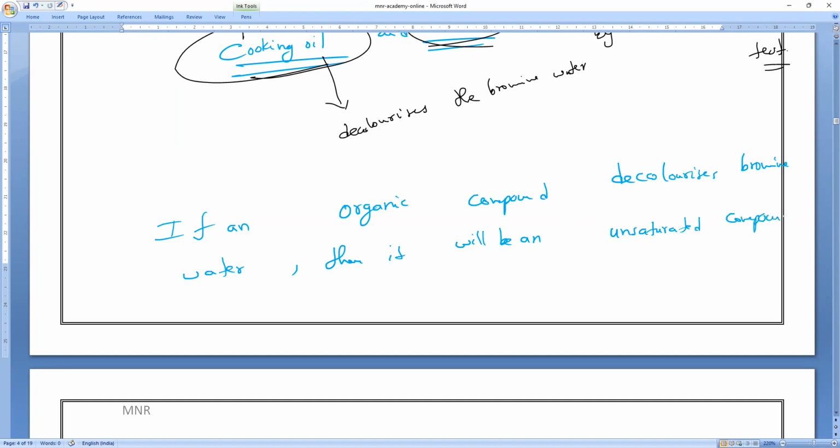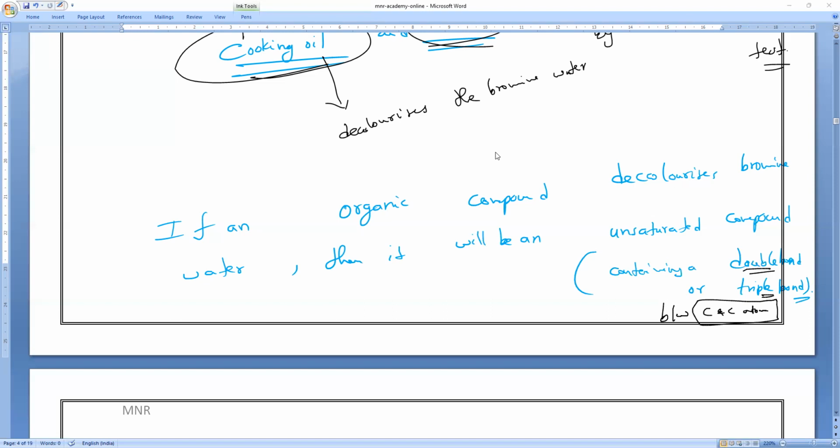Unsaturated compound means it may contain what? Containing a double bond or what bond? Triple bond. So double bond or triple bond between what? That is very important. Between carbon and carbon atoms, a double bond or triple bond is present. That is called an unsaturated hydrocarbon.